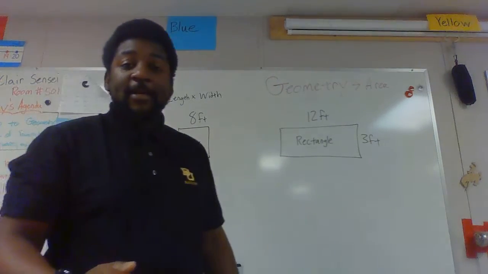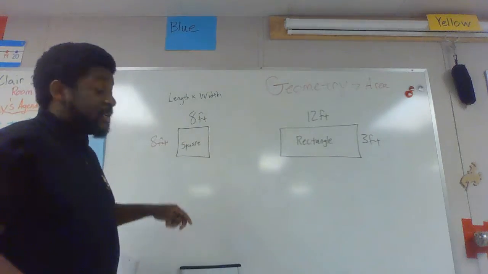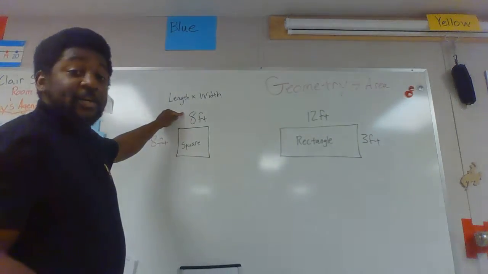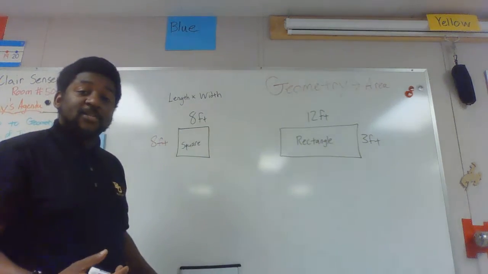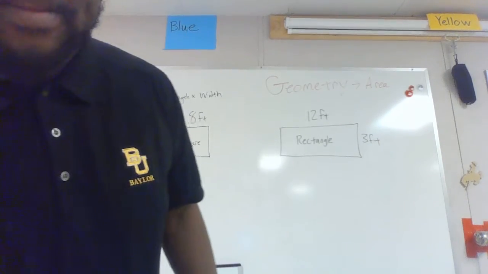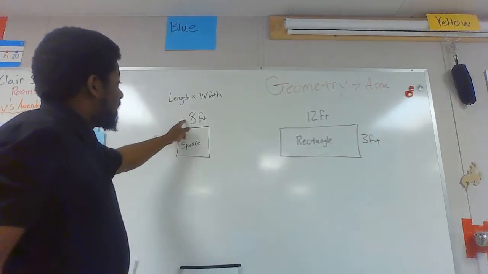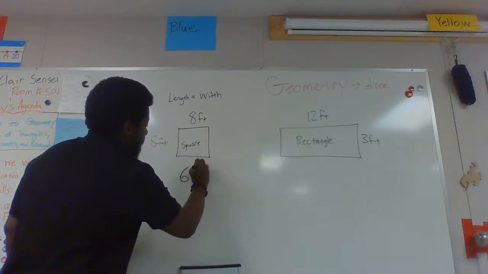The reason for that, a square is the same length on each side. So if I only give you one length, you should know that the width is going to be the exact same because it's a square and all four sides are the same. To calculate the area of that, I would multiply the length that I know times the width. 8 times 8 is 64.